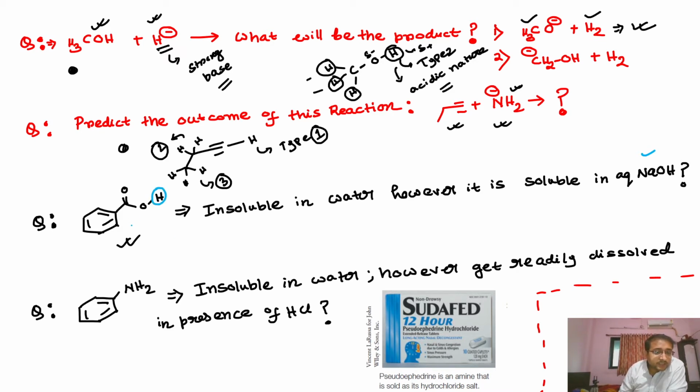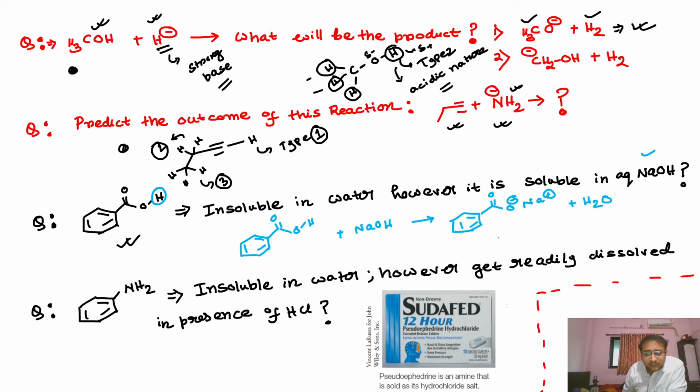So this is basically an acid, so it will donate this hydrogen atom and it will become like this. So the reaction will be like this: sodium hydroxide plus water molecule.